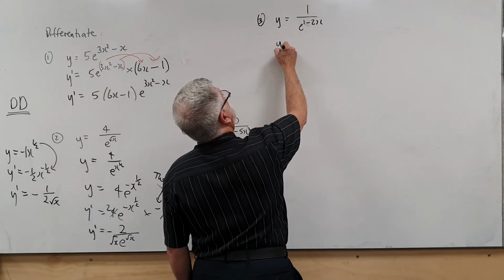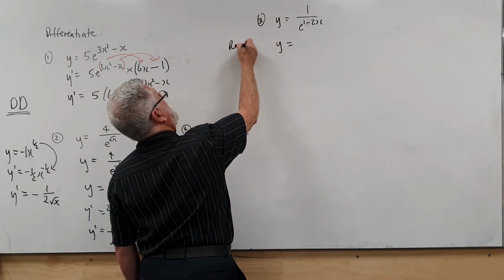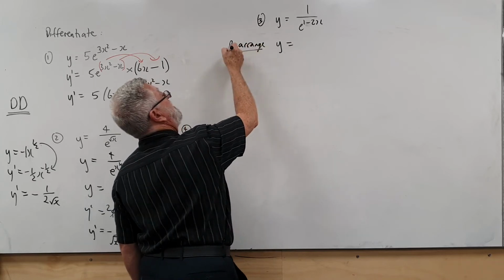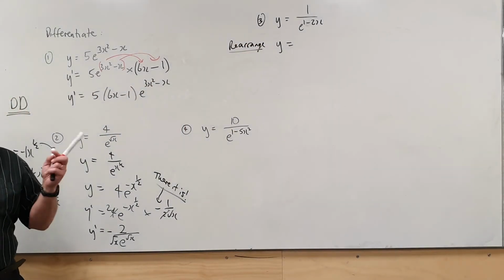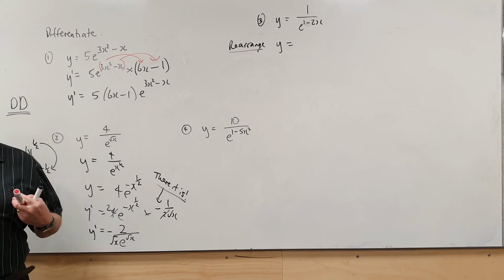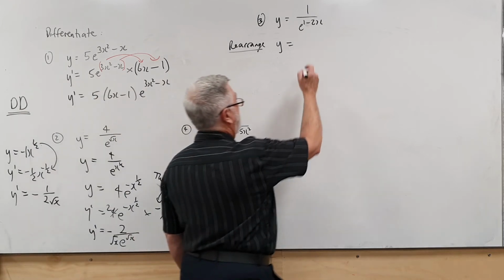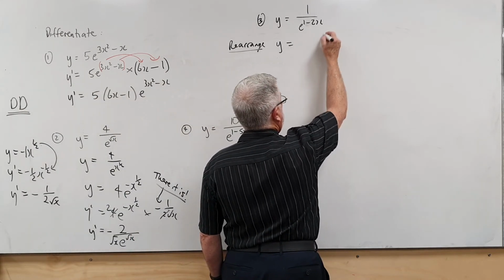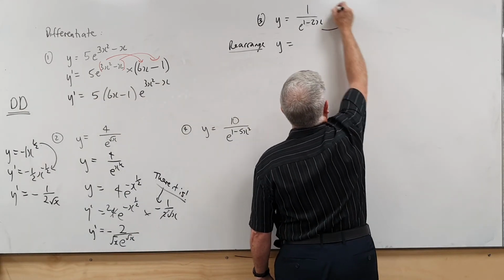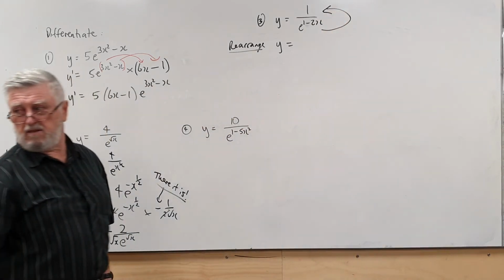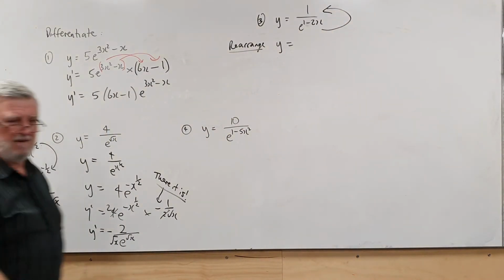Now, this is the big one. What worries me here is my rearrange. We cannot differentiate e on the bottom unless we use the quotient rule. We could use the quotient rule, but what we do is move the bottom to the top. And what happens to the indices?